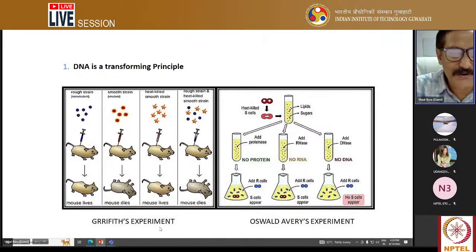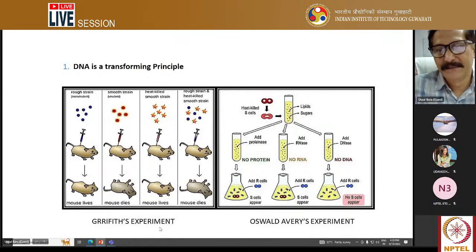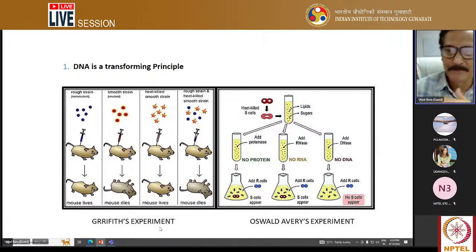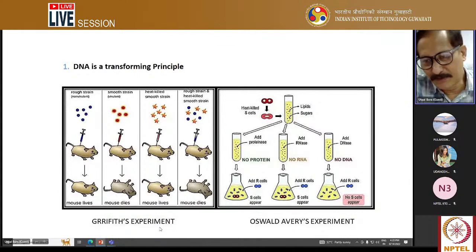and RNase destroyed the RNA in the extract mixture, and they added the R cells. So these heat-killed S cells, with the addition of live R cells, got transformed into live S cells. So the only factor that remained as a potential candidate is DNA.